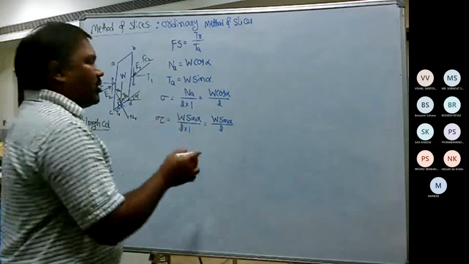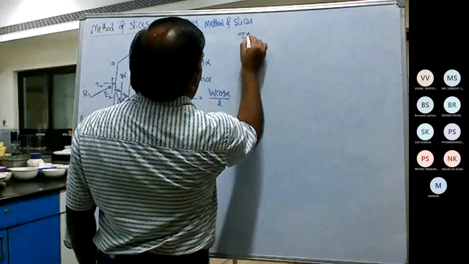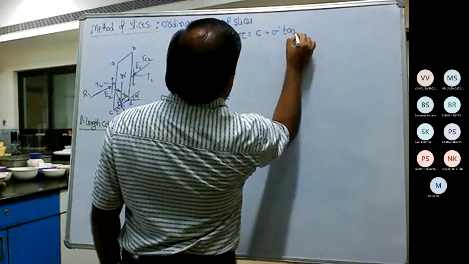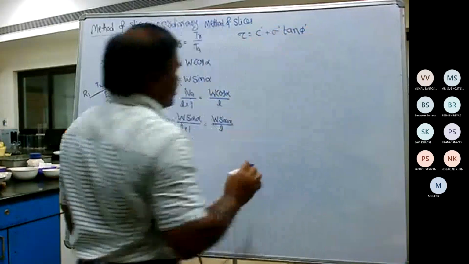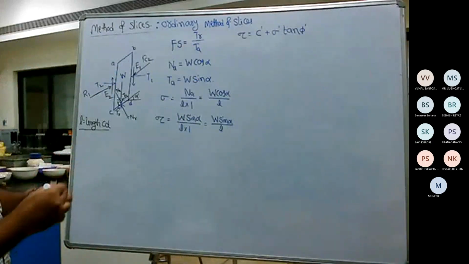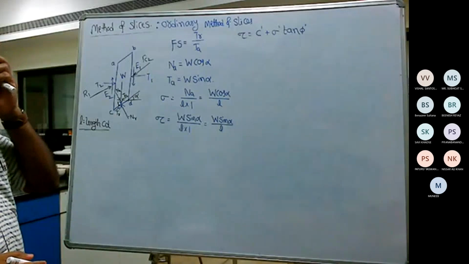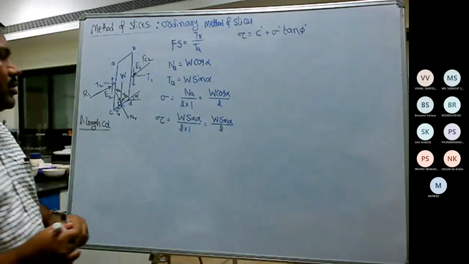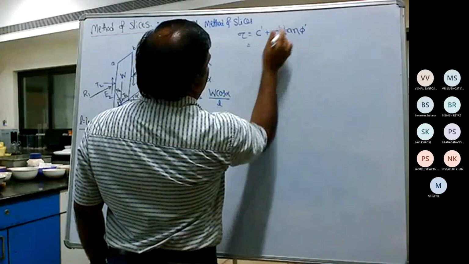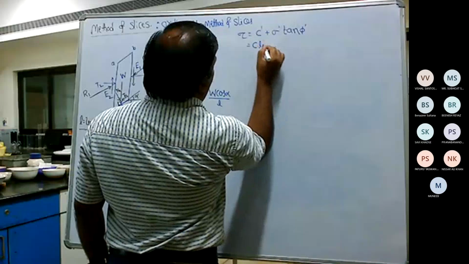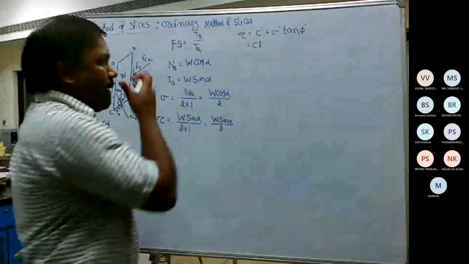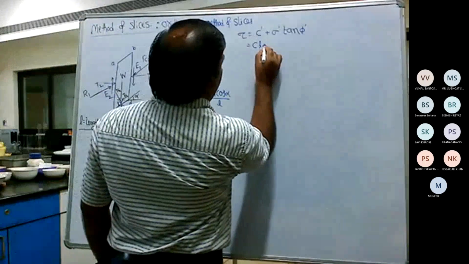Okay, but as we know, our typical conventional equation is tau equals C plus sigma dash tan phi. So tau is equal to C dash plus sigma dash tan phi dash. So this can be written in two terms. If I take this sigma, then this has to be written as C into L, because if I take the sigma, it is multiplied with the whole area, or this is the coefficient for unit length.